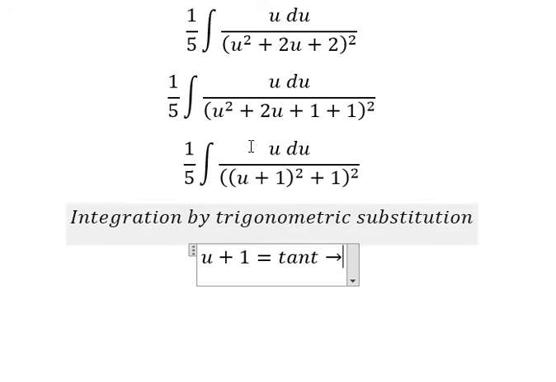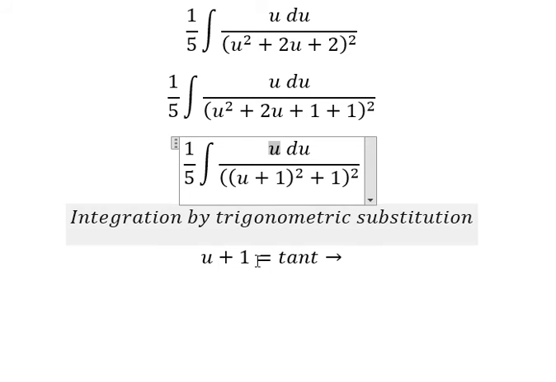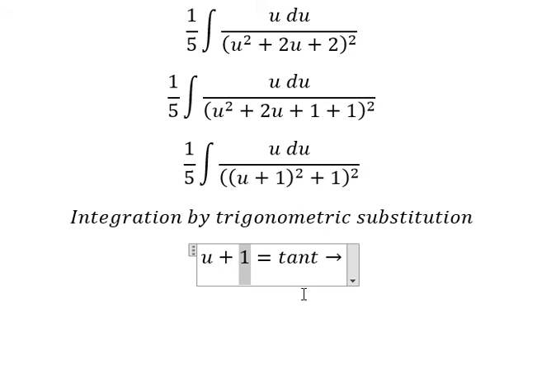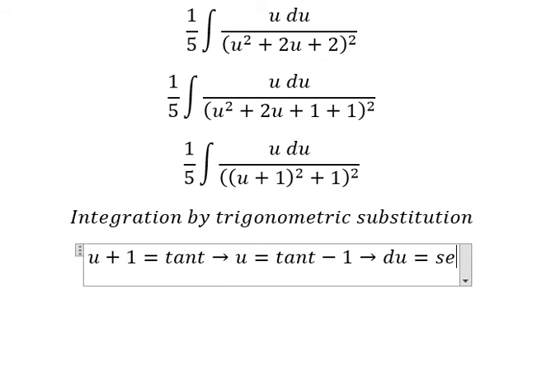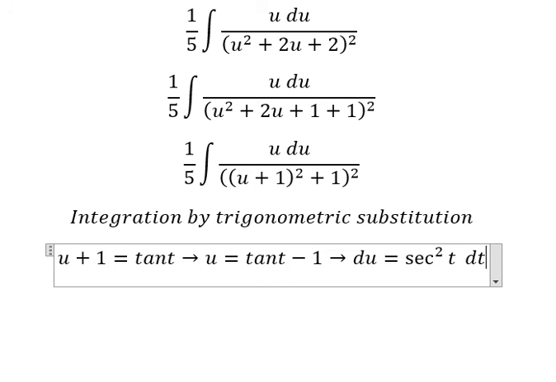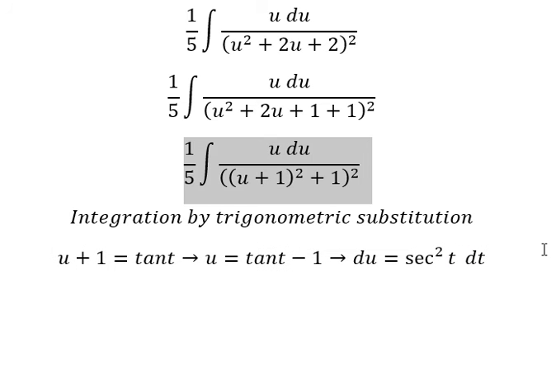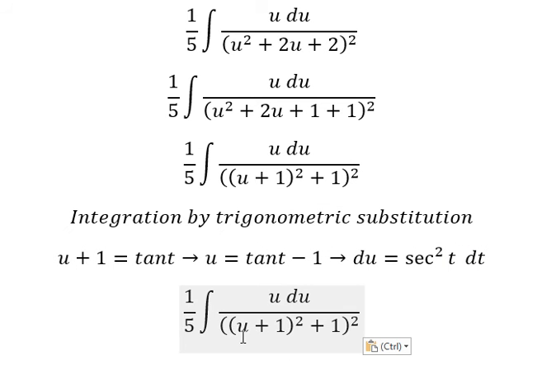Next, because we still have u in here, we need to move the number 1 to the right. Later we take the first derivative of both sides, and you get du equals secant of t square dt. So we have u plus 1, that's tan t.